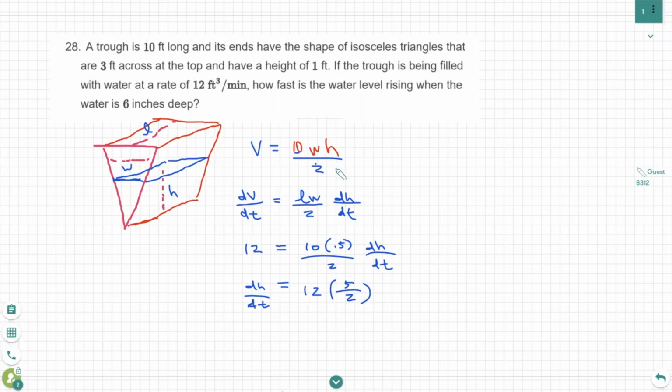Do you know how to get rid of one of these variables? Would we turn it into surface area of the water? Not surface area. We need to get rid of it by relating these 2 variables to each other. What's the relationship between the width of the water and the height of the water?